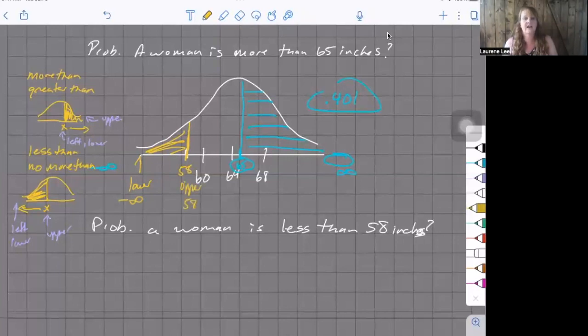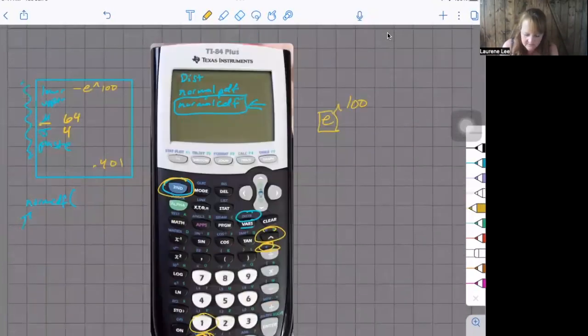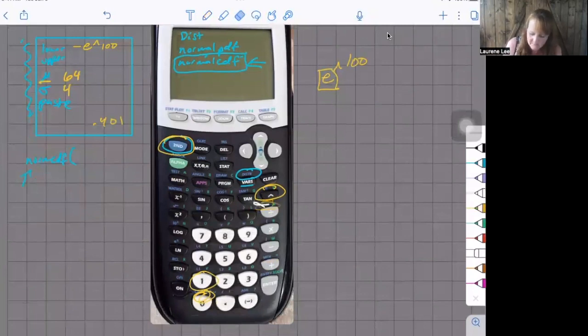So on a TI, you're going to write, now it's going to look like this. We're going to write negative infinity, or in our case, we're writing negative e to the 100. Now, be careful. On a TI, negative is not minus. The negative button is right here.